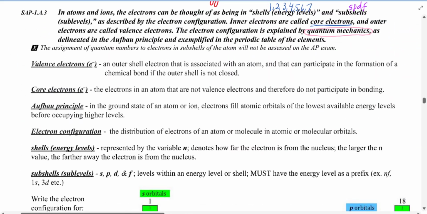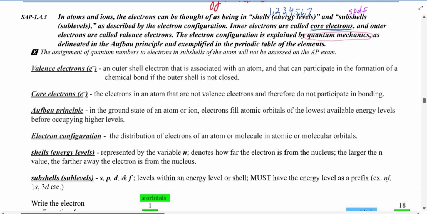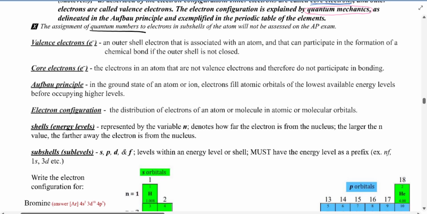Lower energy levels first. Assignment of quantum numbers in subshells will not be assessed on the AP exam, so you don't have to worry about that. Valence electrons are your outer shell electrons. These are the ones that participate in the formation of a chemical bond if the outer shell is not closed, which means it is not filled with the maximum number of electrons.